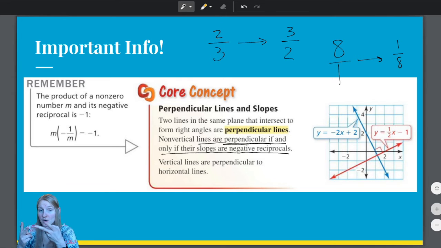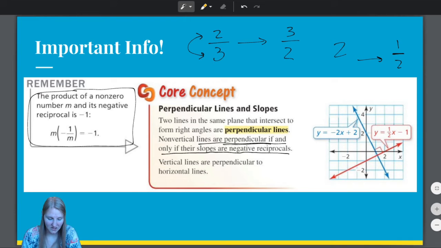So the reciprocal of a fraction is flip the top and bottom. The reciprocal of a whole number means put it underneath a 1. So the reciprocal of 5 would be 1/5. The reciprocal of 2 would be 1/2. Okay. The fancy definition of a reciprocal is it is the number that when multiplied by, so if I multiply 2 by its reciprocal, I should get 1.